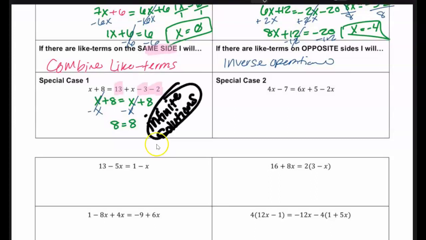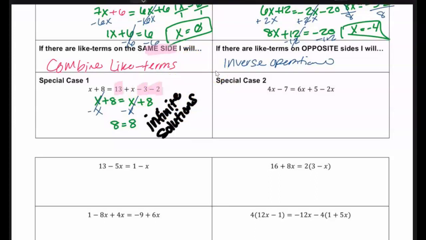That is to say, no matter what x you put in here, it will always give you a true statement. Which makes sense. If all my constants add up to be 8, my x's are going to be the same. So even if I put 0, it's going to be 0 plus 8, which is the same thing as 0 plus 8. If I decide x is negative 2, negative 2 plus 8 is also going to give you negative 2 plus 8. So this is infinite solutions.